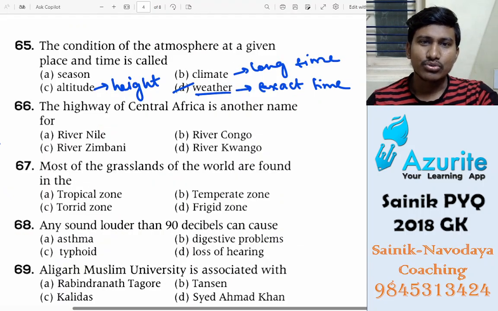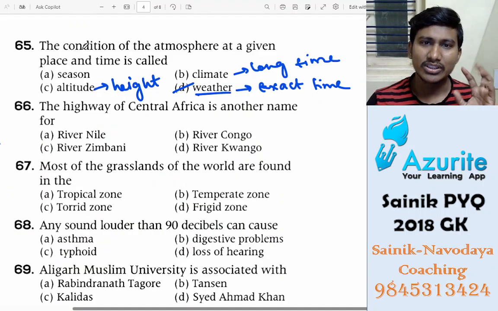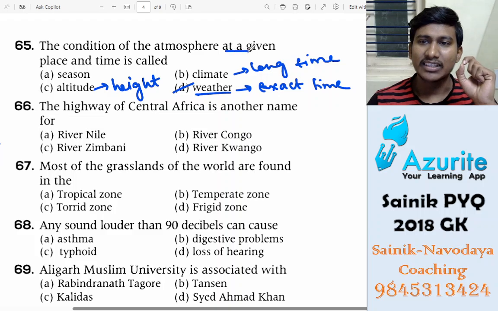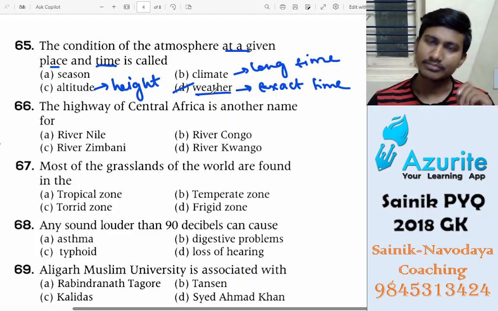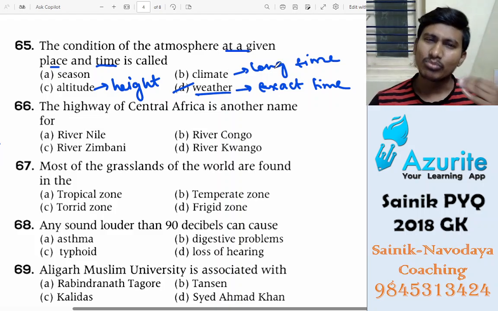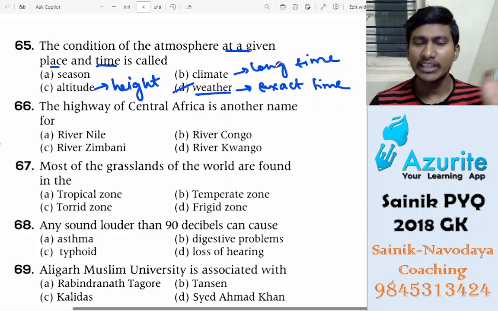Understand? So students, question 65. The condition of the atmosphere at a given place and time is called weather. So weather is at the exact time, at a given place and time. Climate is for a long period of time, that is more than 1 week, a month, and it can be years also, a whole year.